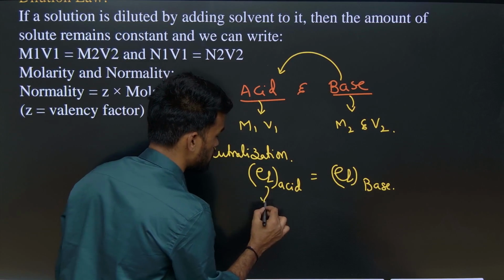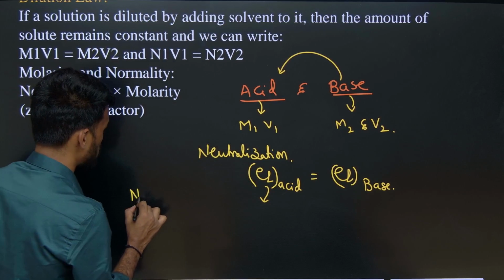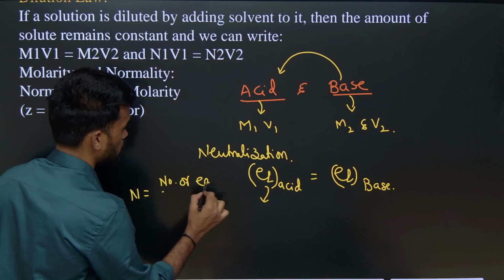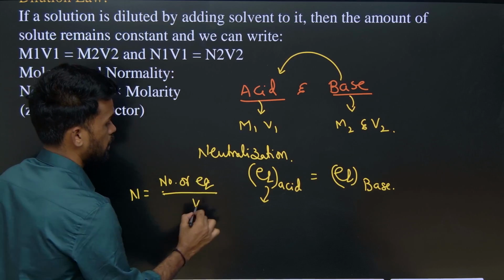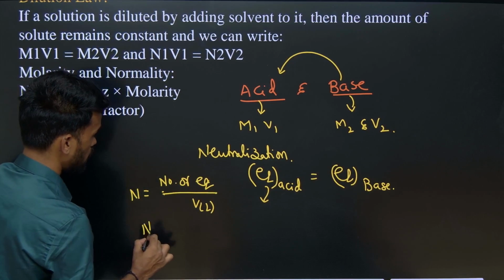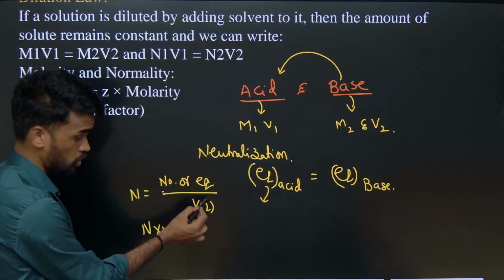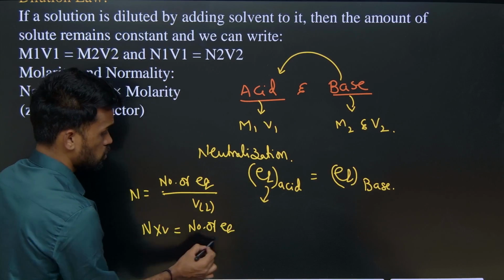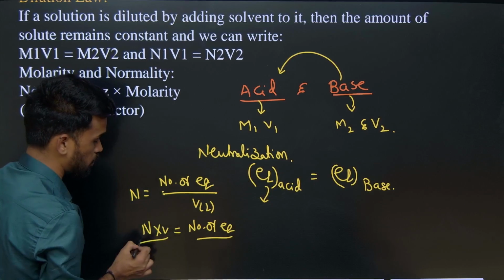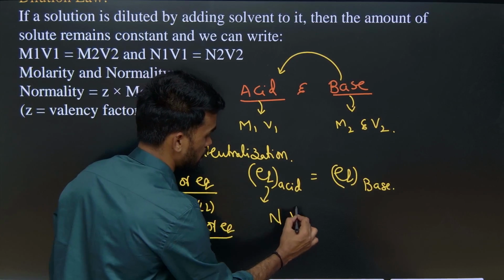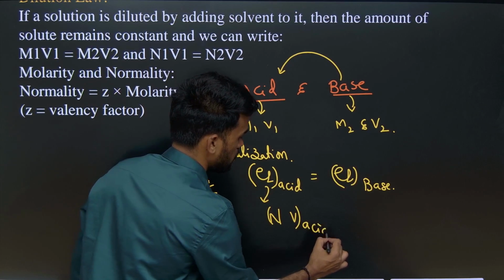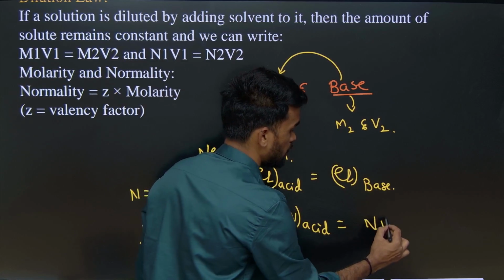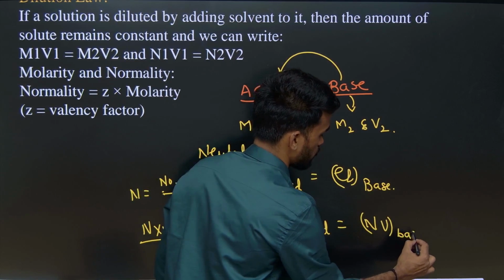We can relate normality, which equals number of equivalents by volume in liters. So N into V, which is volume, equals the number of equivalents. So I can replace equivalents with NV of acid, which equals, similarly for base, NV of that base.